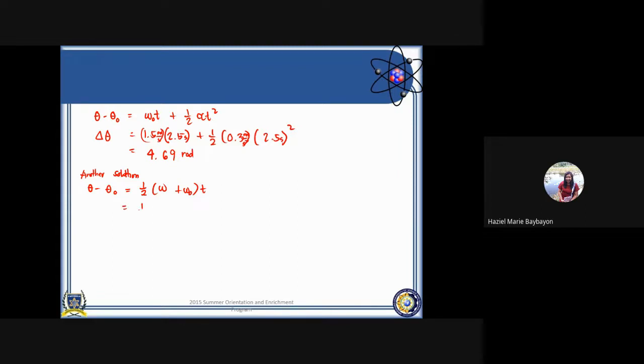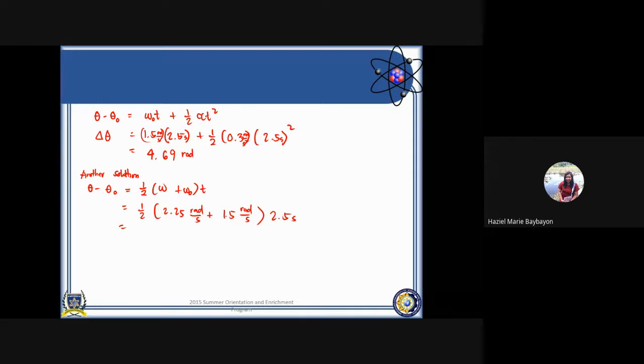So you have 1/2 times omega, which is 2.25 radians per second, plus omega naught, which is 1.5 radians per second, multiplied by 2.5 seconds. That is 2.25 plus 1.5 times 2.5 divided by 2.